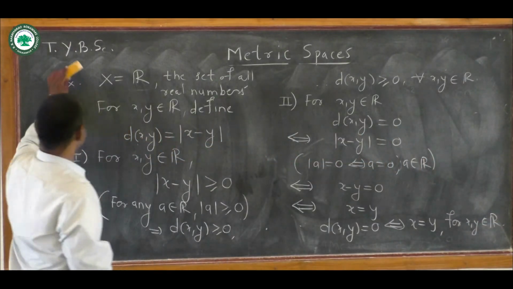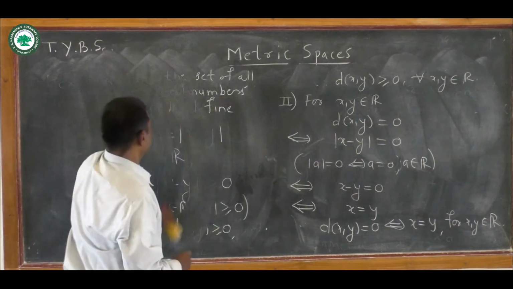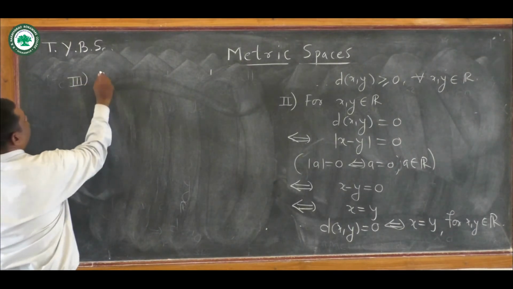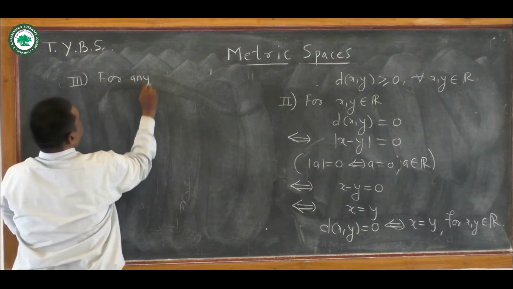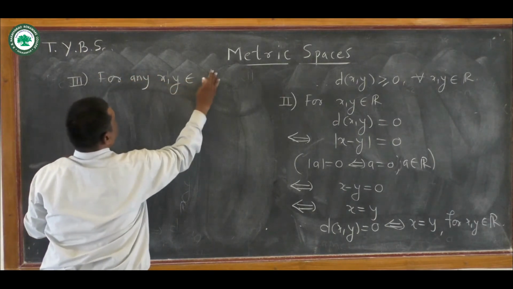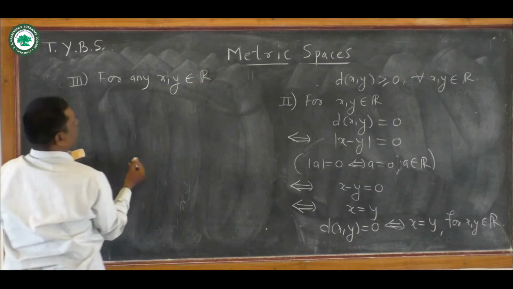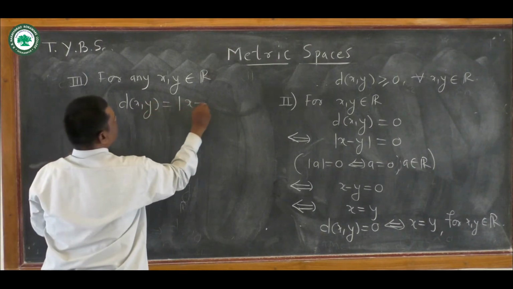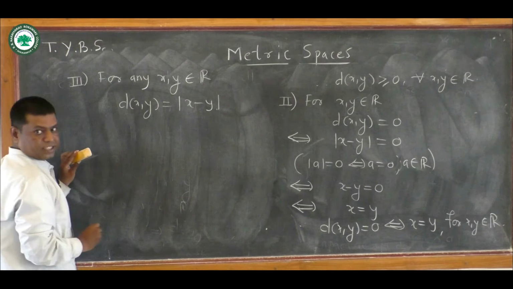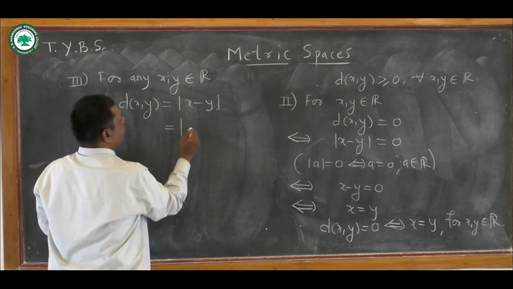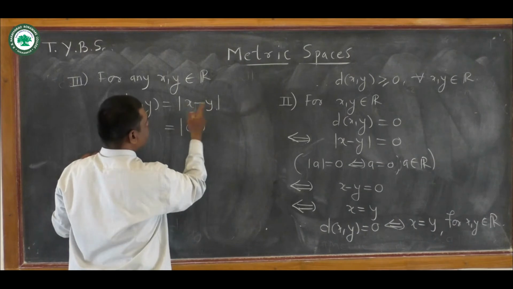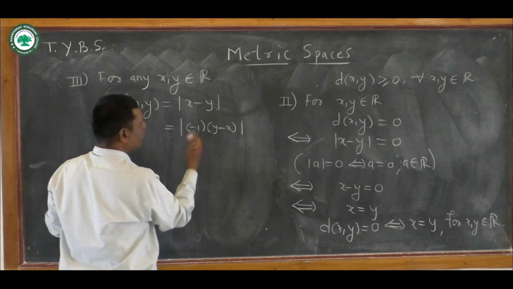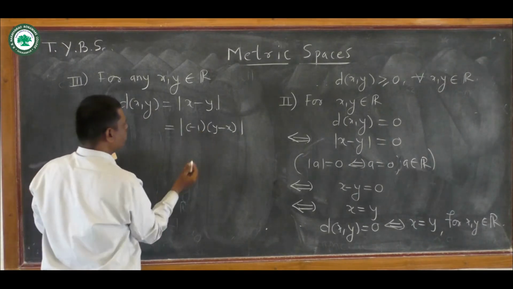Now the third condition is the symmetry condition. For any X, Y belonging to R, we know that the distance between X and Y is equal to |X − Y|. Taking minus 1 common, this is equal to |−1 · (Y − X)|.